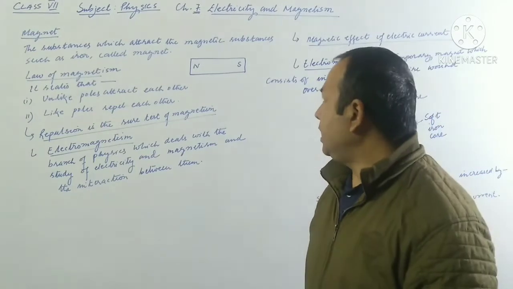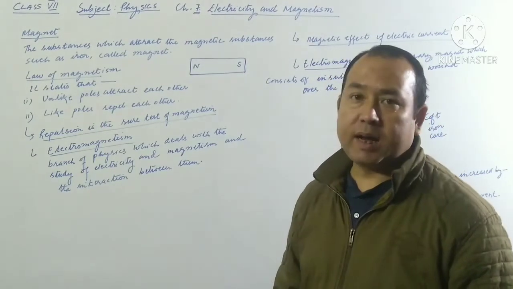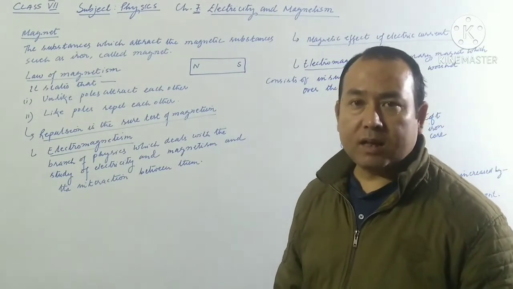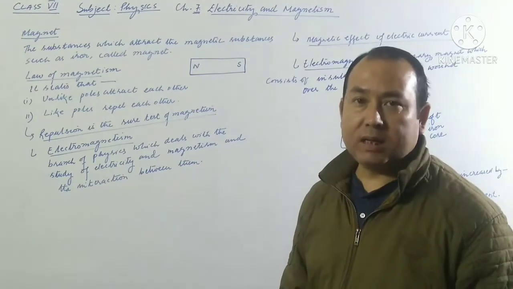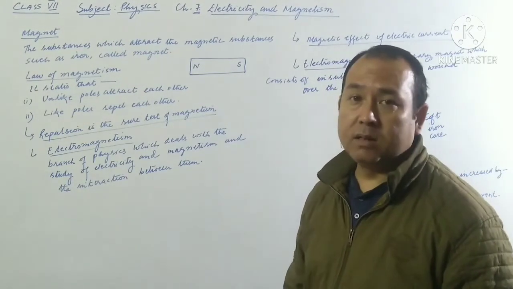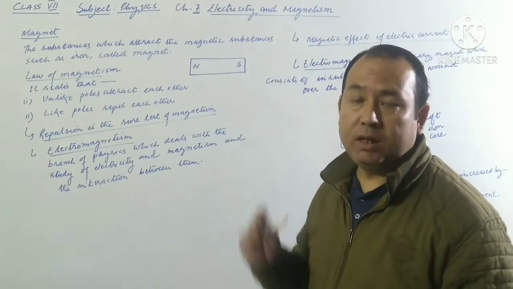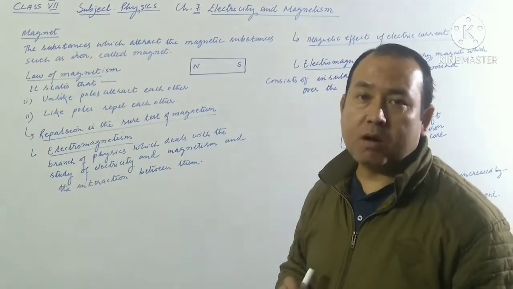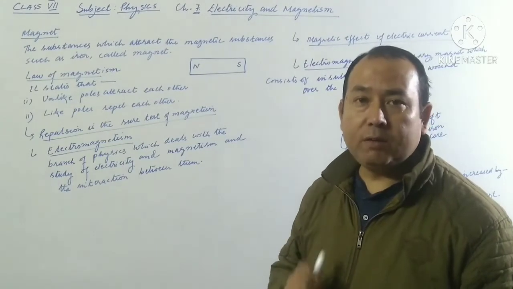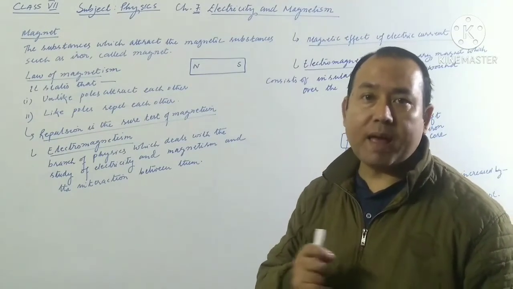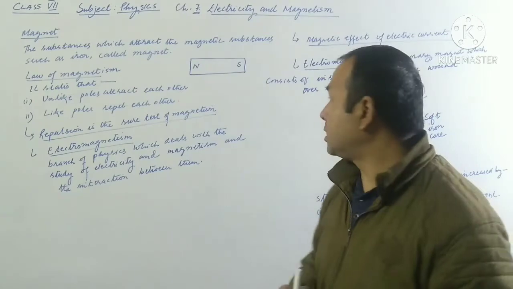These magnets can attract another magnet or magnetic substances like iron when they enter into its magnetic field. So you need to understand about the magnetic field also. Magnetic field means the space around the magnet where it shows its influence.